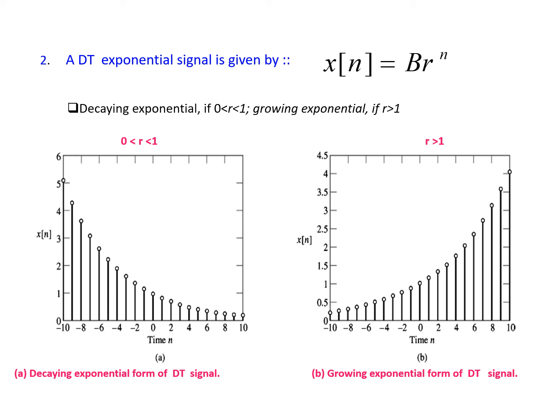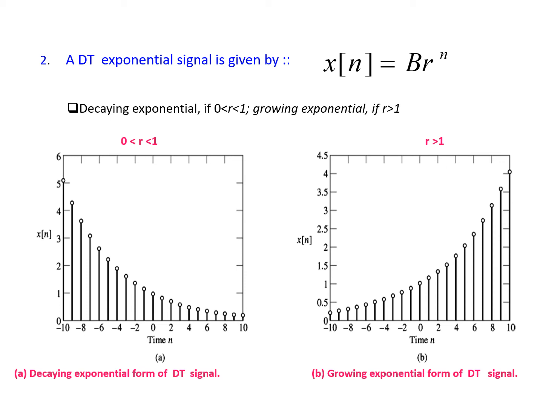Once again, r is a constant, which is the exponential constant. b and r are real constants. Now in this particular case, depending on the value of r, either the exponential signal is decreasing or the exponential signal is increasing.